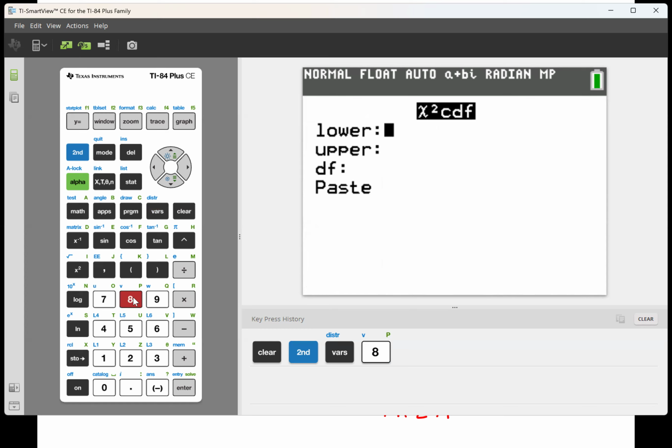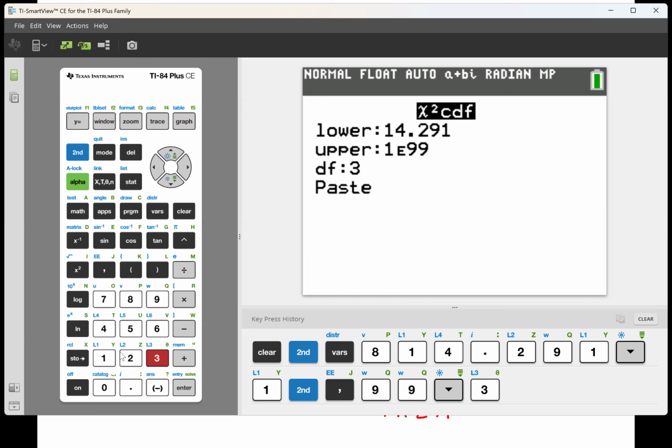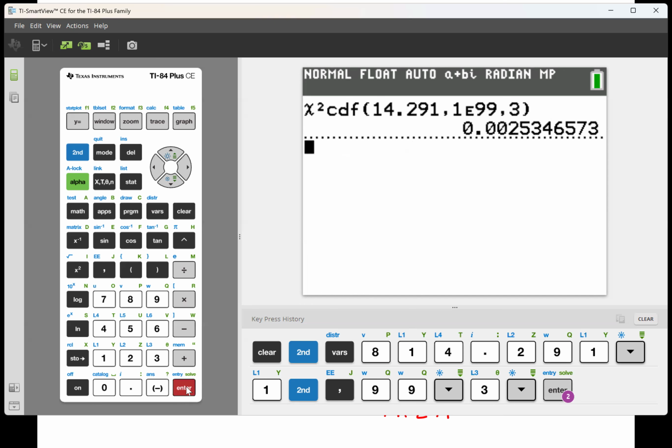We're going to put in our lower bound, 14.291, and the upper is infinity, 1 times 10 to the 99. And then the degrees of freedom: we had 4 categories, so the degrees of freedom is 4 minus 1, or 3. And we get 0.00255.